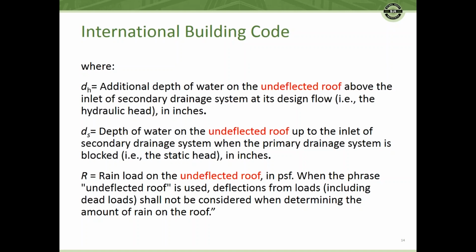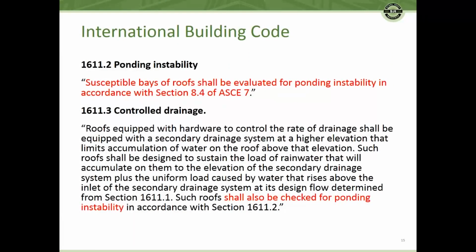So one is the head, the hydraulic head, and the other is up to the drain inlet. And that's the rain load. Notice that this is being checked for an undeflected roof. Mark will later show some of the load factors associated with IBC and what we think is appropriate at SJI.